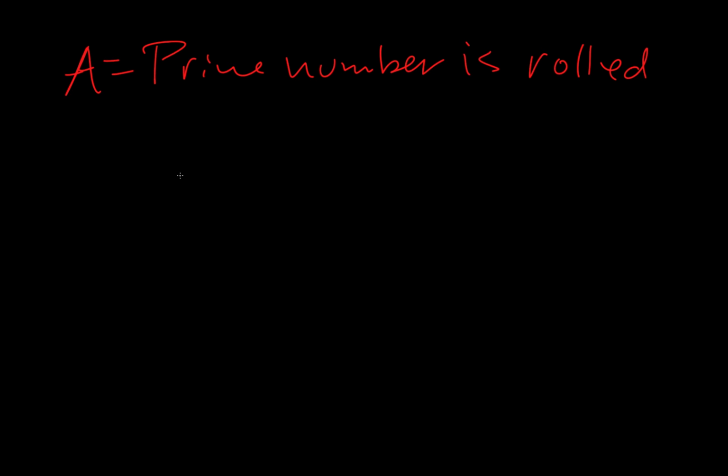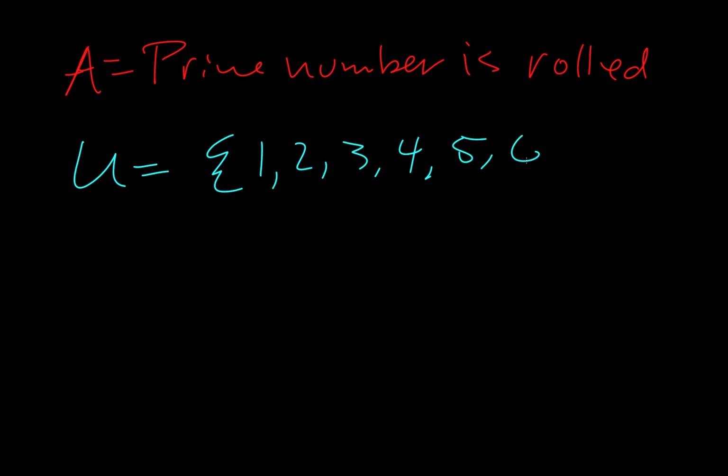Alright, so it says use set notation to list the outcomes in the sample space U. So U is going to be all possible outcomes, or the sample space. And so when we're rolling a standard 6-sided die, you can roll a 1, 2, 3, 4, 5, or 6.